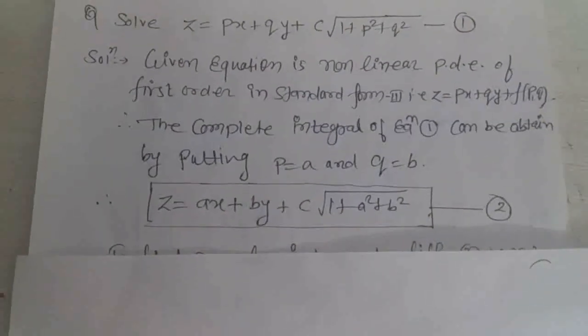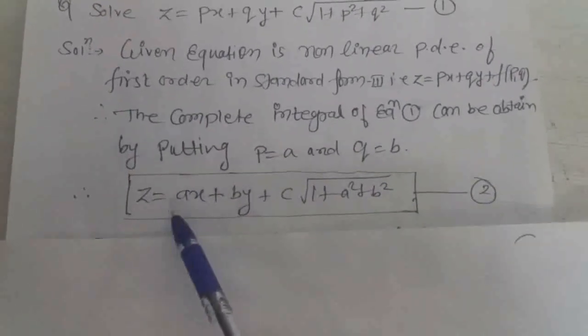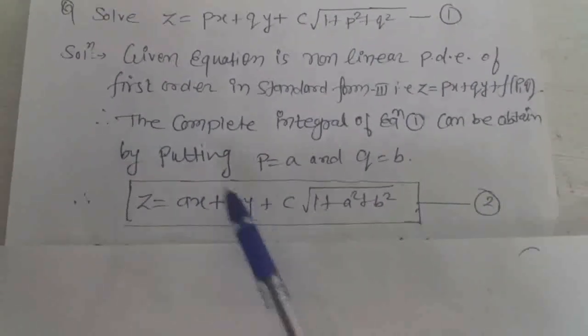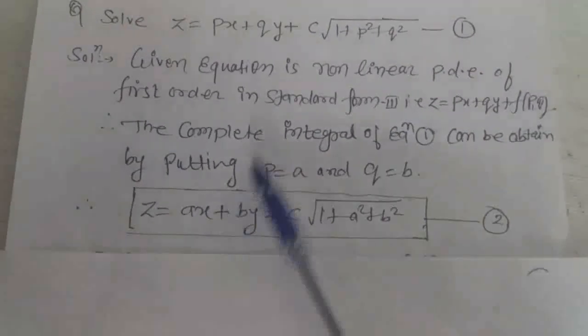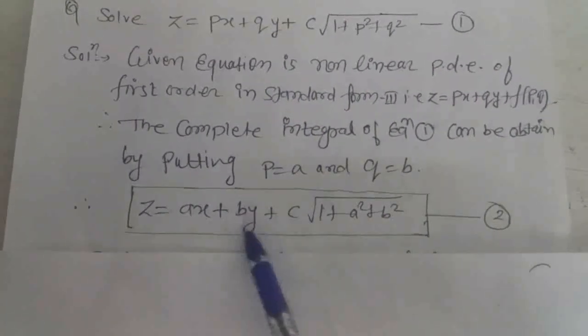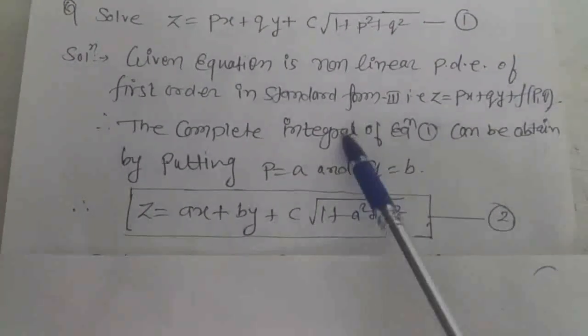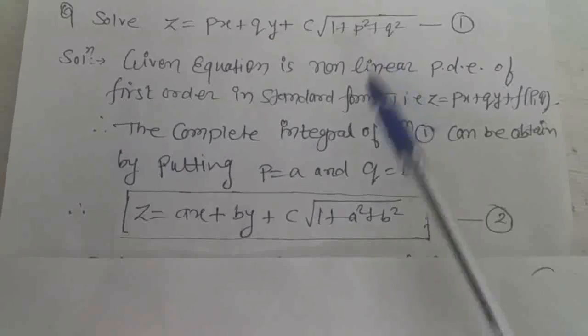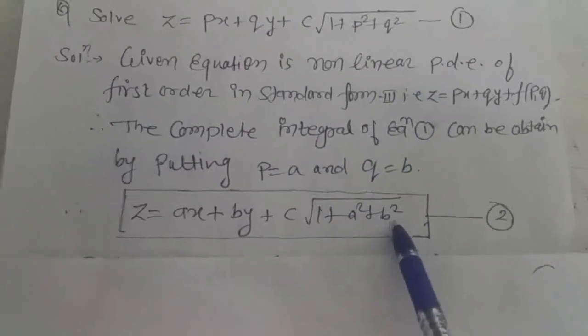So the complete integral of equation first is z equal to ax, p replaced by a, plus by, q replaced by b, plus c times square root of 1 plus a square plus b square.